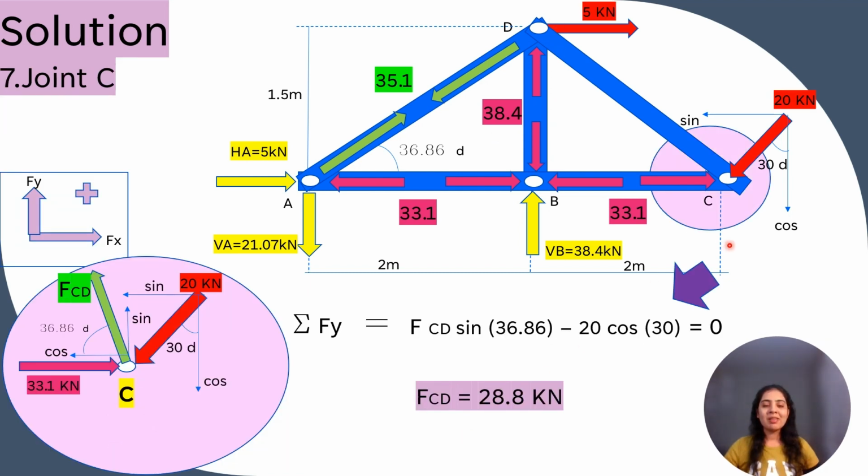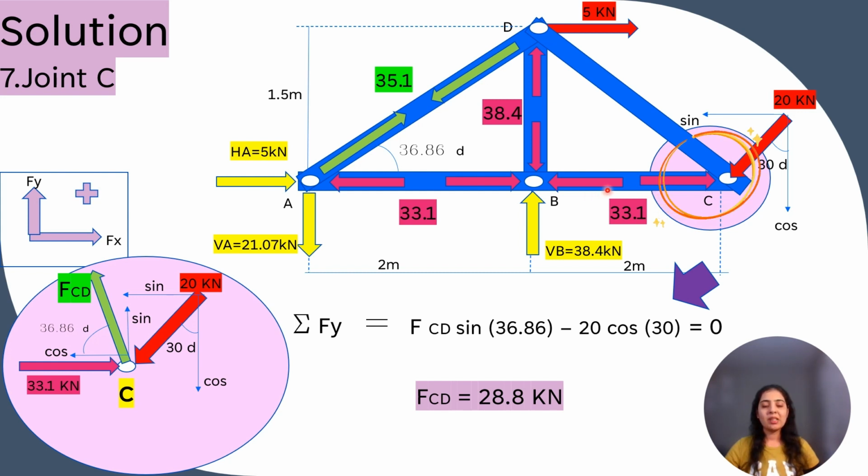Now you can see in this final diagram only one member is remaining, that is member CD. So for finding force in that member, we can either solve joint C or joint D. So here we will solve joint C. So let's draw FBD for joint C. What are the forces?